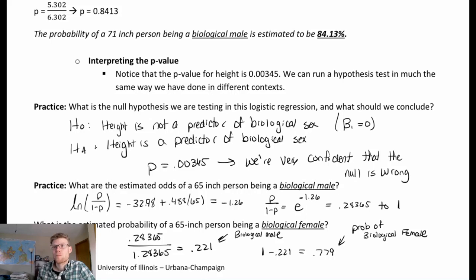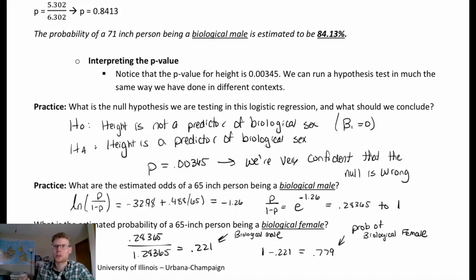So again, what we're noticing is that we can solve for the probability of them being biologically male using what we've done so far. And then we just take advantage of the fact that their probability of being biological female, if we're treating this as a binary variable where everyone's getting sorted to one of these categories, is the complement.